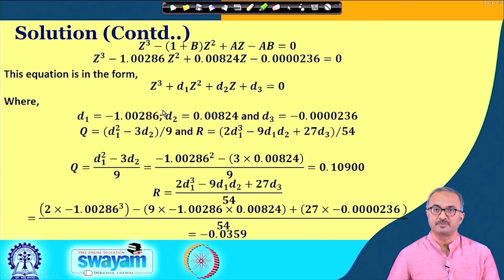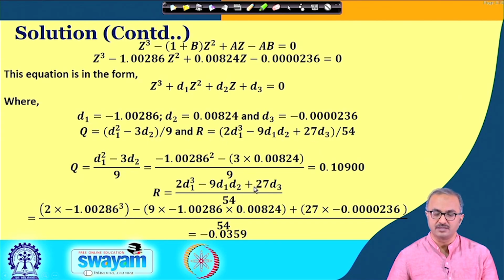As I explained in that lecture, we find the values of d1, d2 and d3, and then two more parameters based on d1 and d2. By comparison, d1 is minus 1.00286, d2 is plus 0.00824 and d3 is minus 0.0000236, and we find the values of q and r from these two expressions.